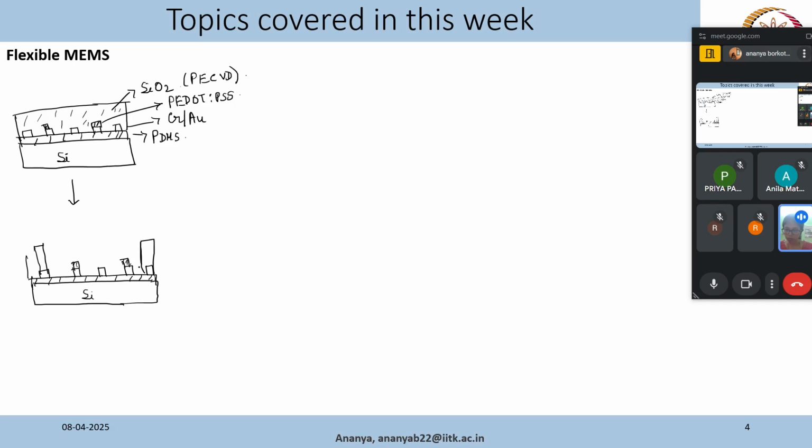So this whole thing is gold. And another gold, so this is for our electrode, for electrode 1, as I discussed in the class. So this is PDMS.